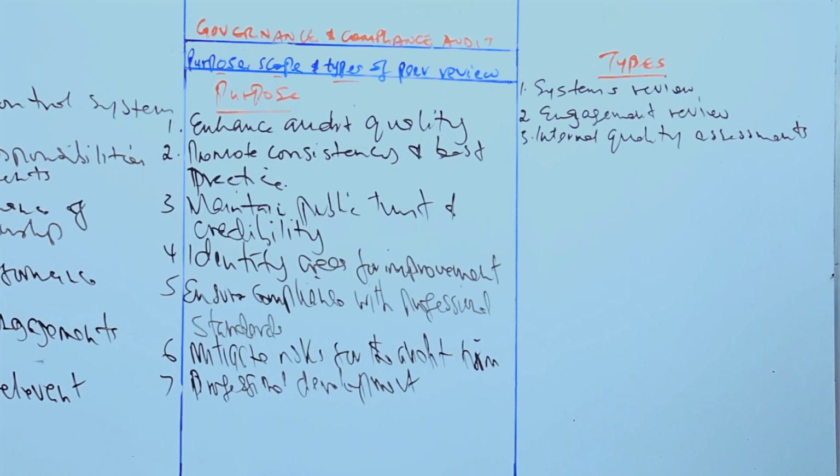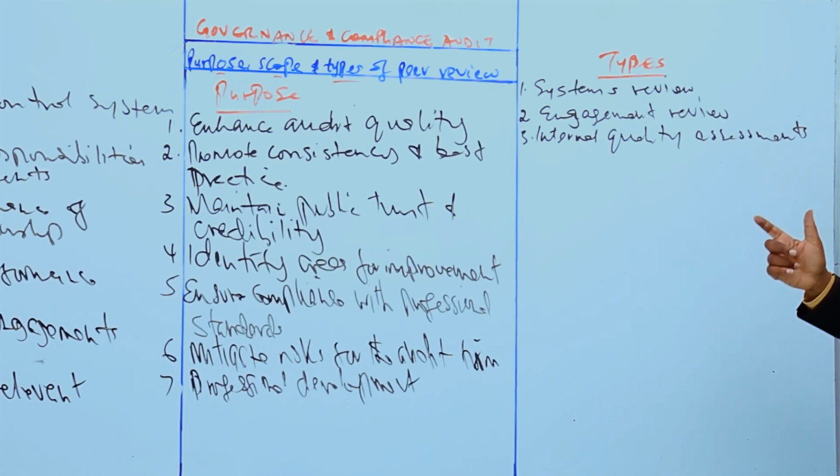The goal is to monitor the internal audit activity's adherence to the International Standards for the Professional Practice of Internal Auditing and the code of ethics. That is the purpose. It's conducted by the internal audit function. That is very important to note.